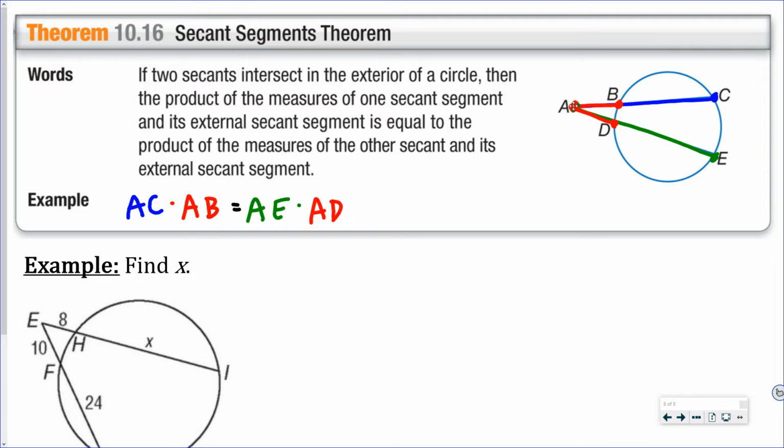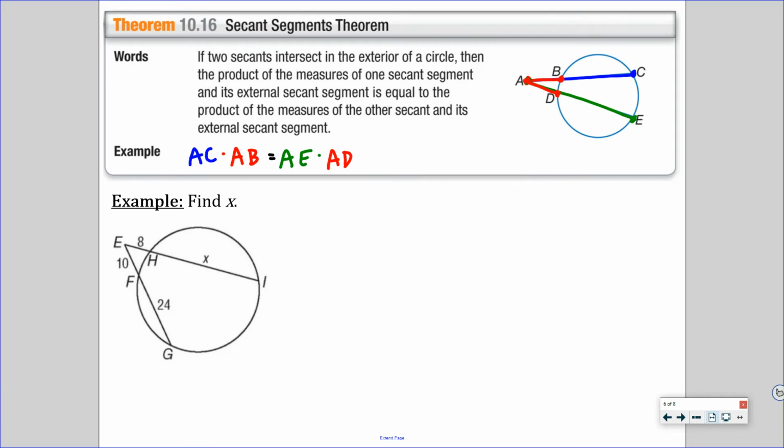Okay? Unfortunately it's kind of like a rule you gotta memorize. So the entire secant length times the external piece is going to be the same as the entire secant length times the external piece. All right, so let's try one of these where the intersection point is way out here.